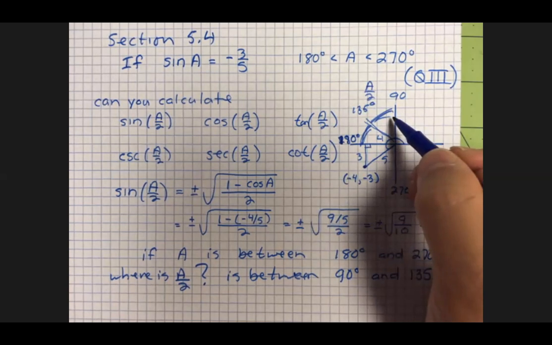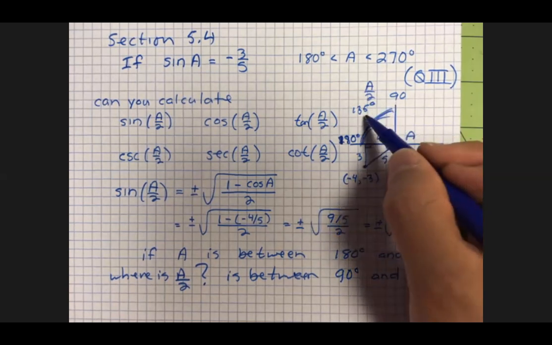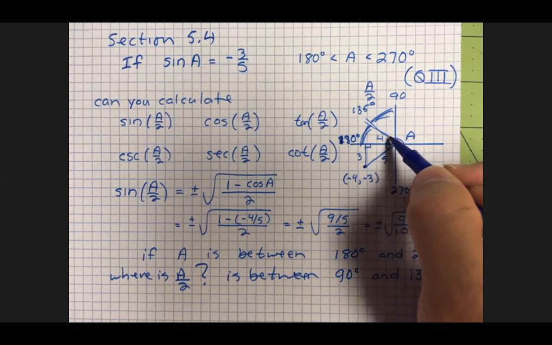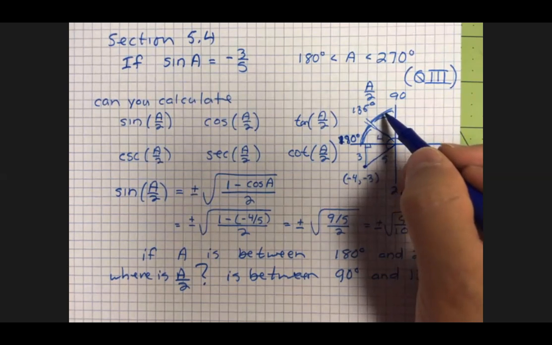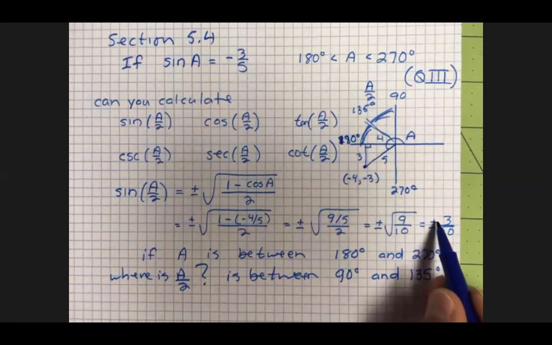And what is the sine of an angle between 90 degrees and 135? It's quadrant 2. Sine is a positive value in quadrant 2 because the y coordinate is positive. So that lets me choose this plus or minus.